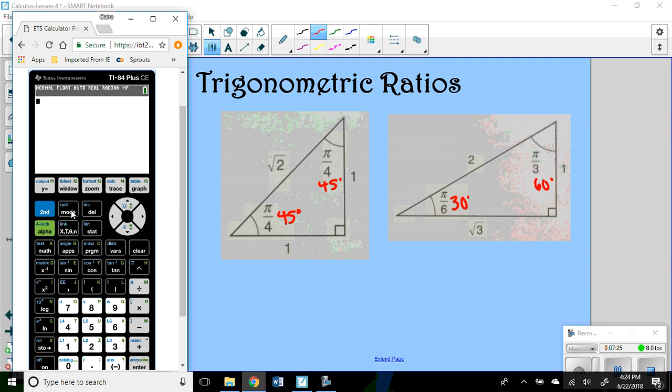If you're going to be using sine, cosine, or tangent on the calculator, go to mode, and you see where it says radians and degrees? You are going to almost always need it in radians. If it doesn't specify, probably radians. If the answer doesn't make sense for the problem, go look at your mode and check whether you're in radians or degrees.